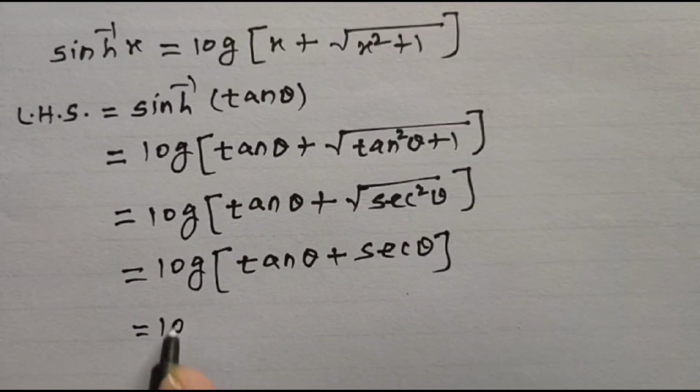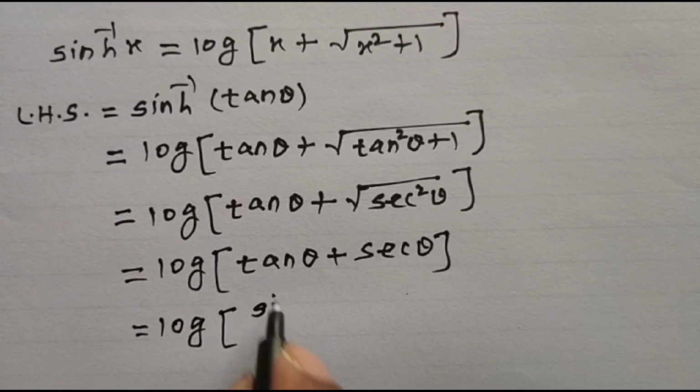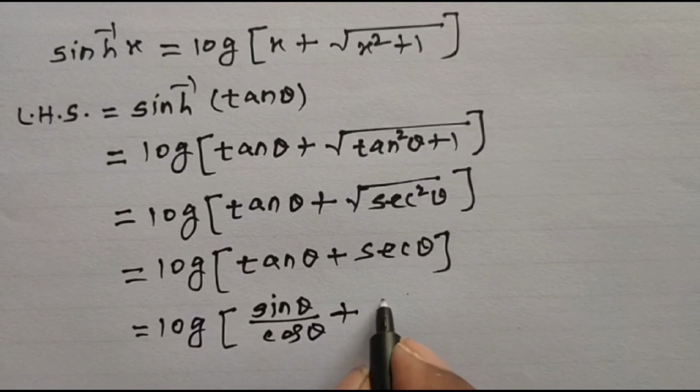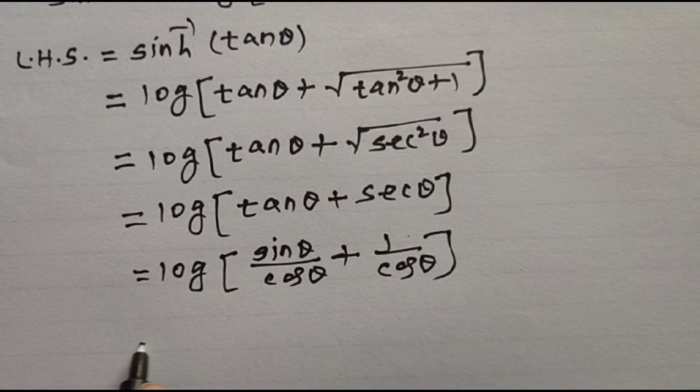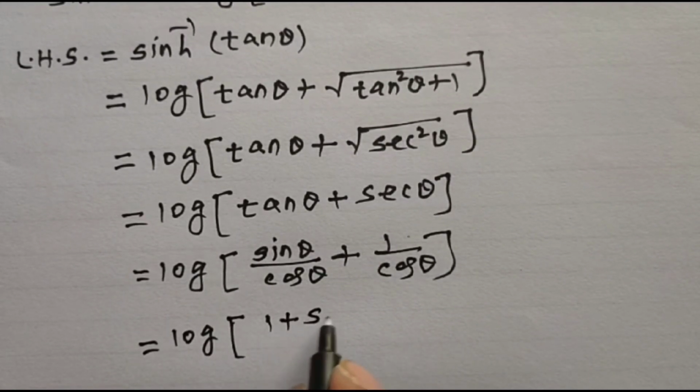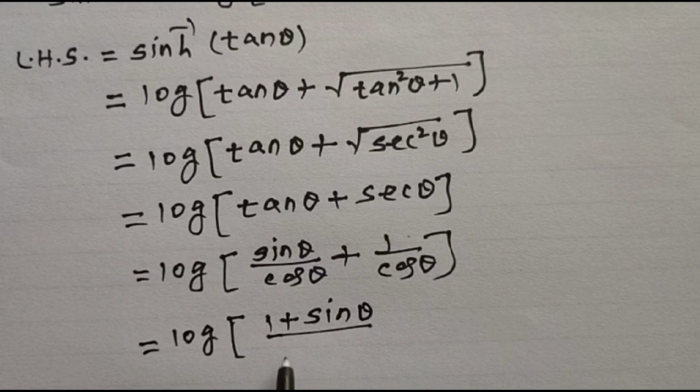Now logarithm of sin theta upon cos theta plus sec theta, which is 1 upon cos theta. LCM is cos theta. Logarithm of, we can write, (1 plus sin theta) divided by cos theta.